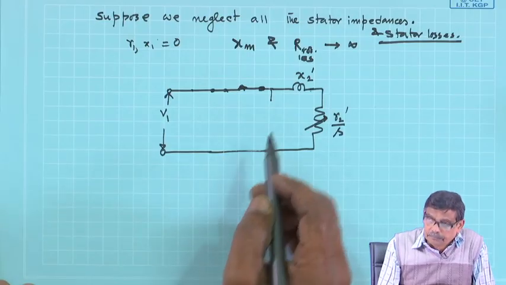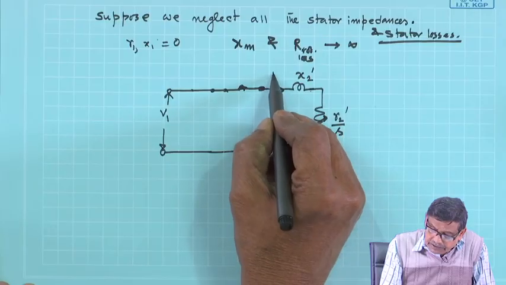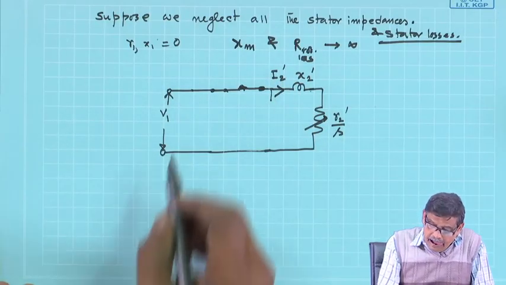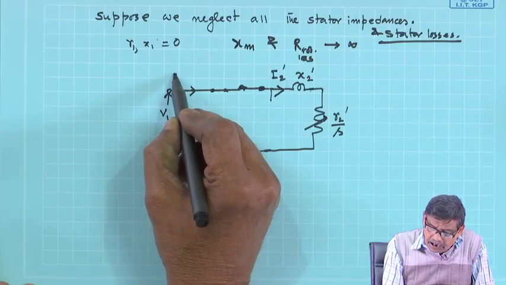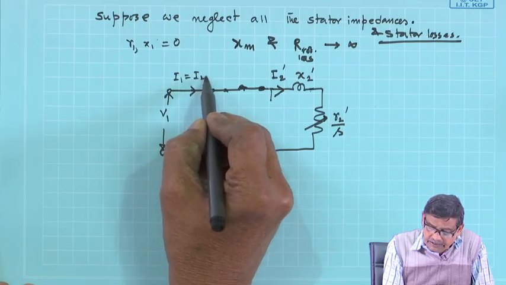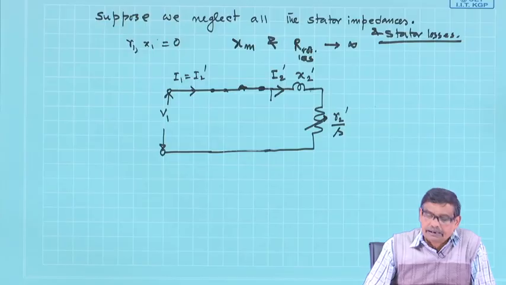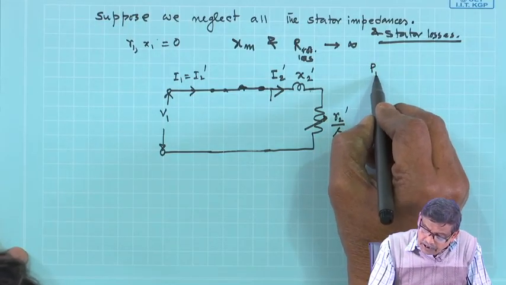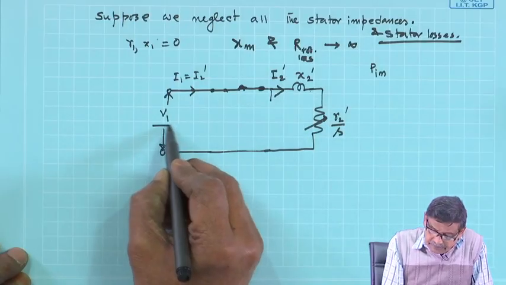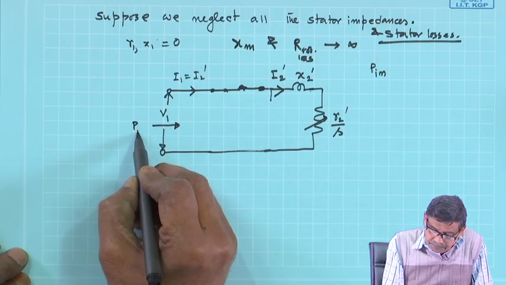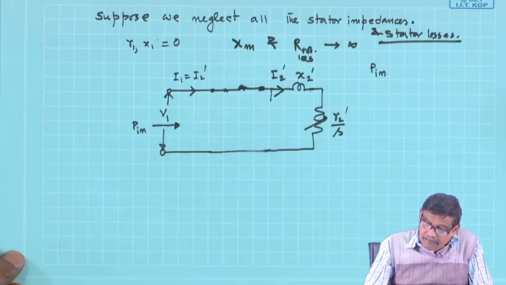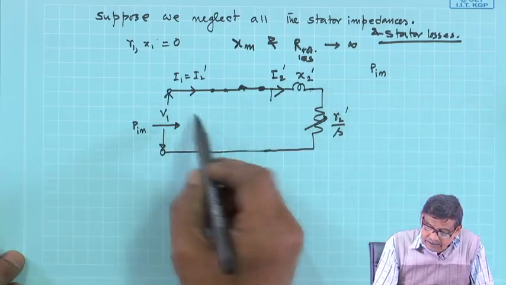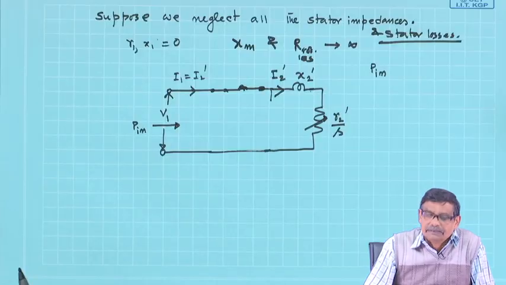Suppose this current is I2 dashed, and this will be equal to your I1, I1 is equal to I2 dashed in this approximate case. Now, what is the input power? P input is here, and after this P input there are no losses on the stator.